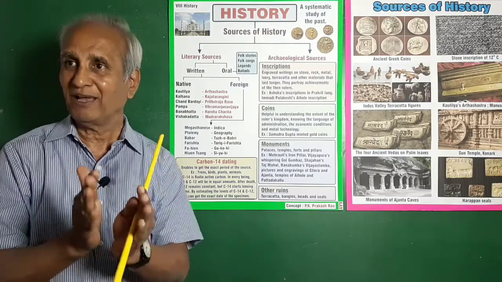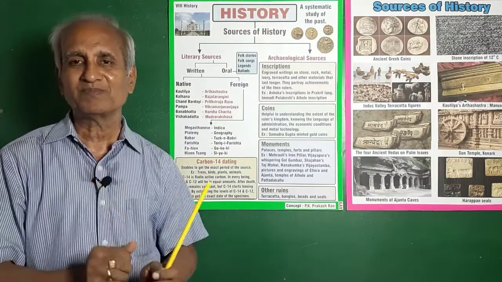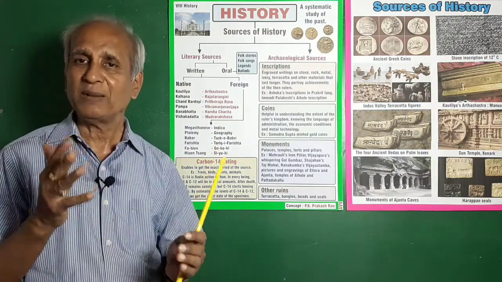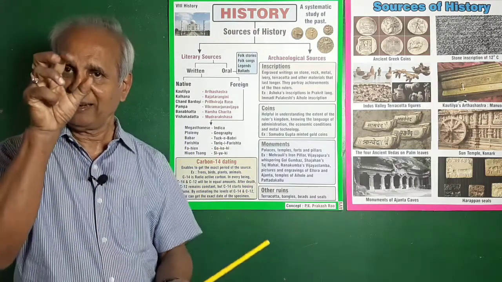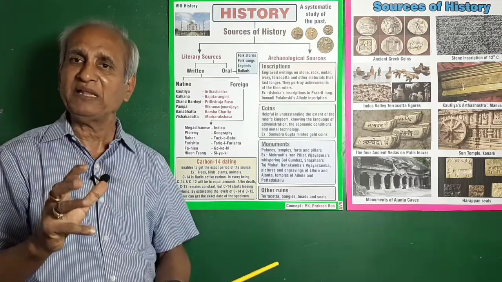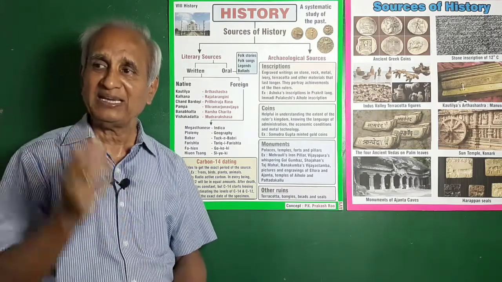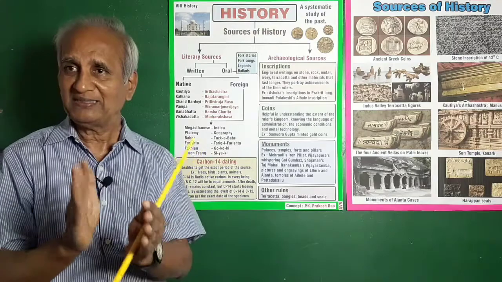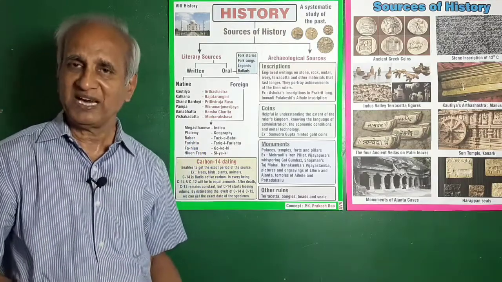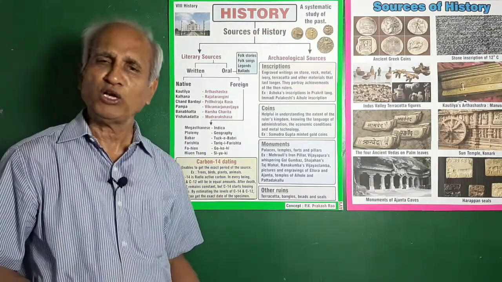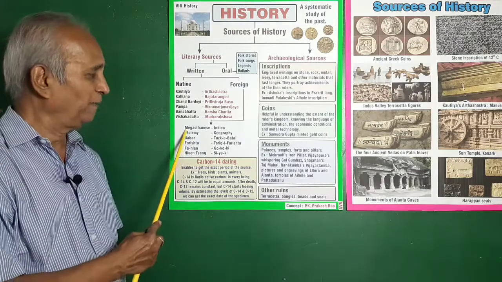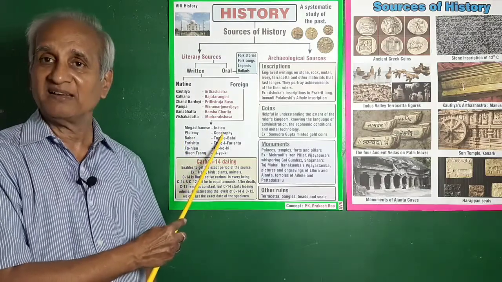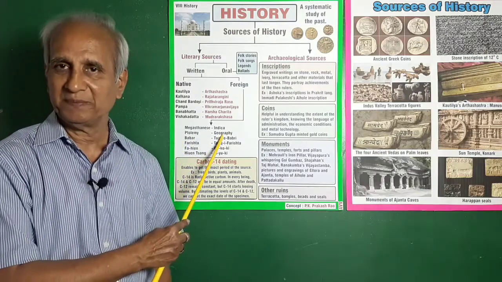He writes a book on India. Some of them were not able to see India from the angle of Indians. Whatever it be, they made a sincere effort to write about India. So it is a great volume that gives us a lot of information about that period. Megasthenes, Indica. Indica means India.